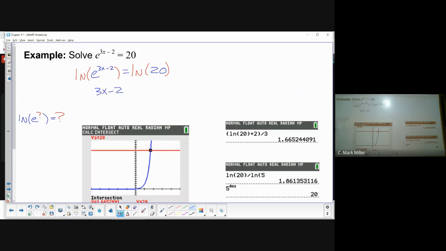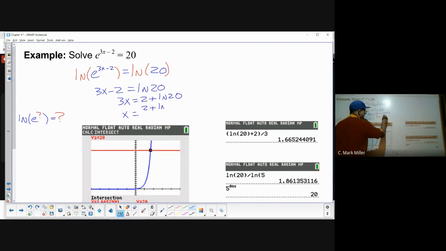So log of e to anything is just the anything. On the right side, I still have log 20. Well, now we're free. Once you get that x out of that exponent, you have 3x is 2 plus log 20. And then x is going to be 2 plus log 20 over 3.